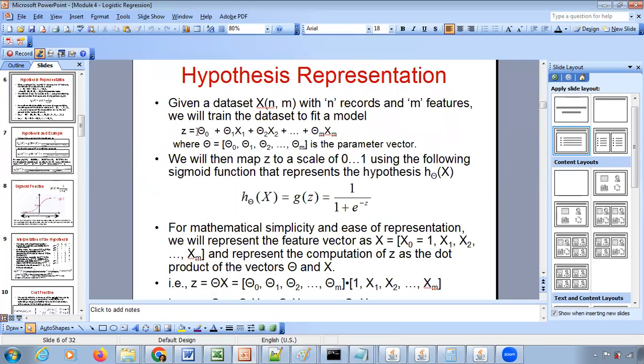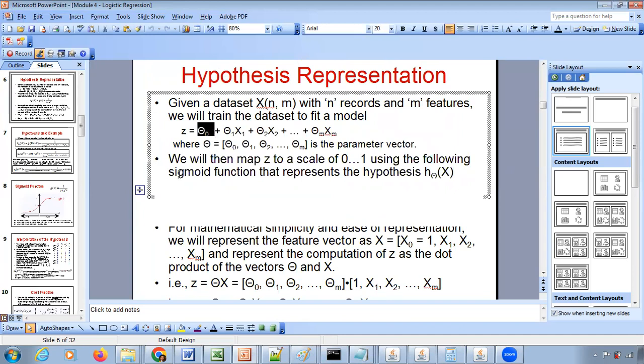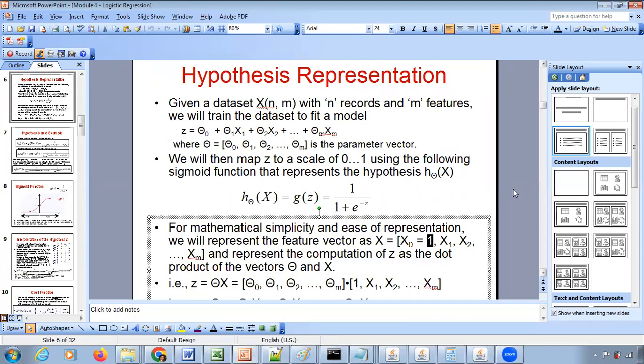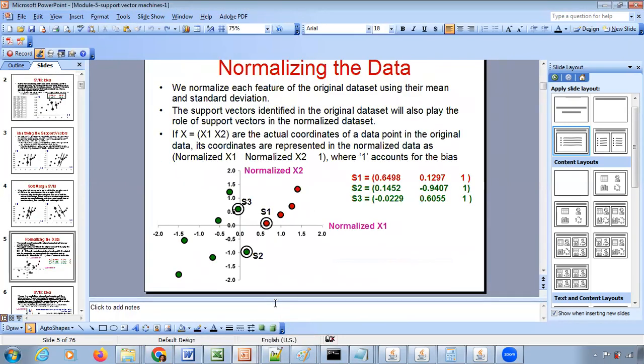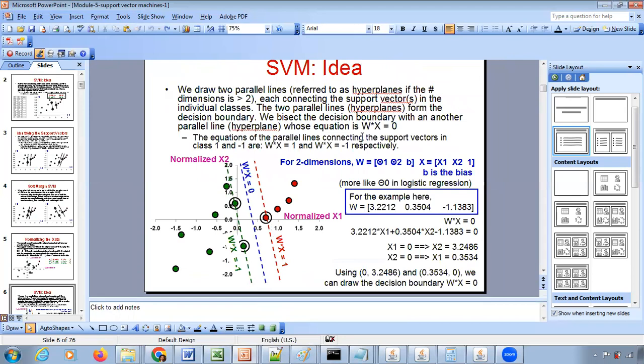So to account for this theta 0 in the feature vector, we added 1 to all the records, so that we are able to do the dot product of theta and x. The same idea here, we add a 1 to all the records or the data points, and the parameter vector here we'll call a weight vector.